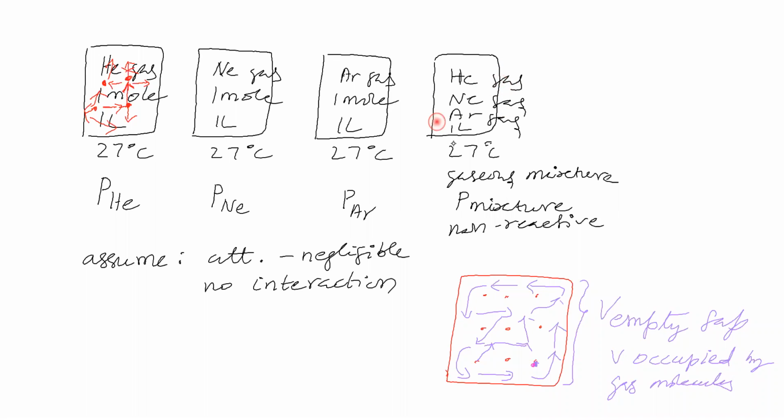Now here helium molecules are behaving independently. What about the behavior of neon molecules here? Do you think the behavior of neon molecules here and the behavior of neon molecules here remains the same?